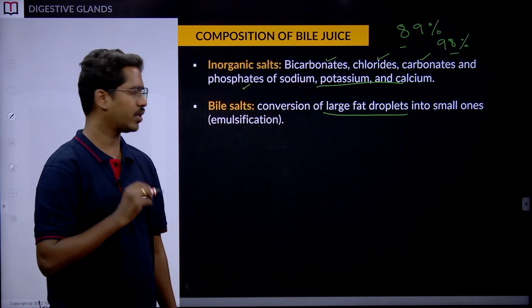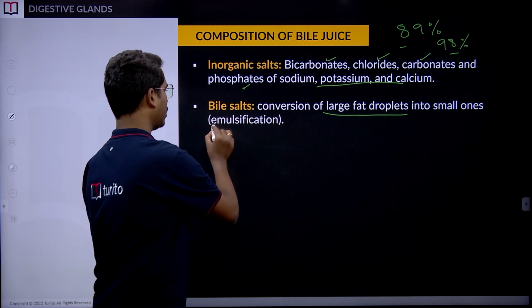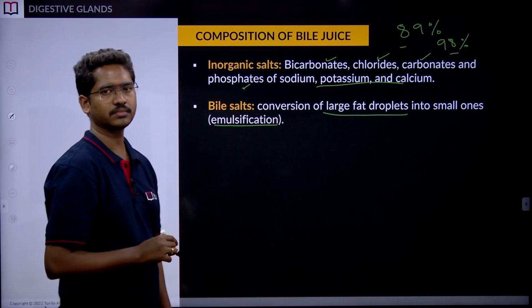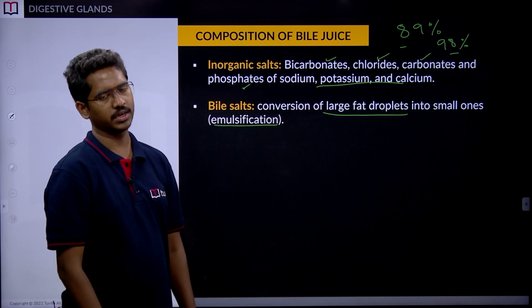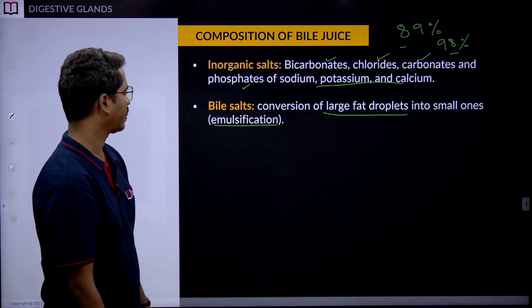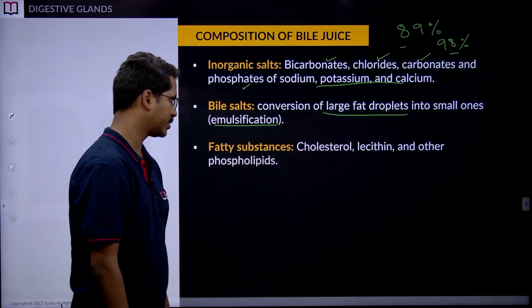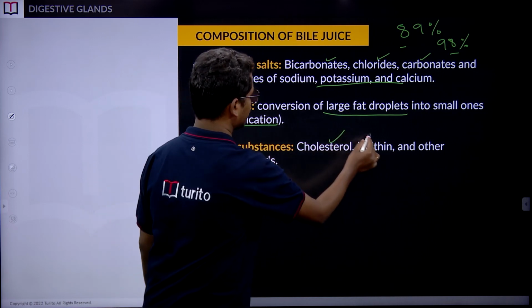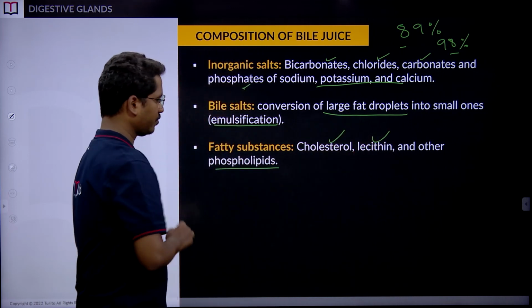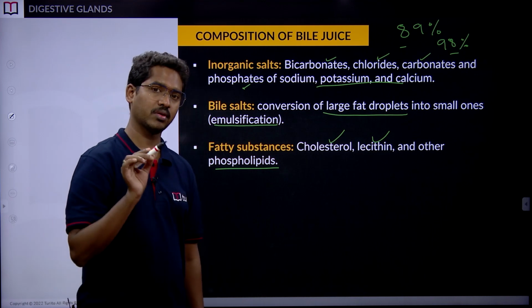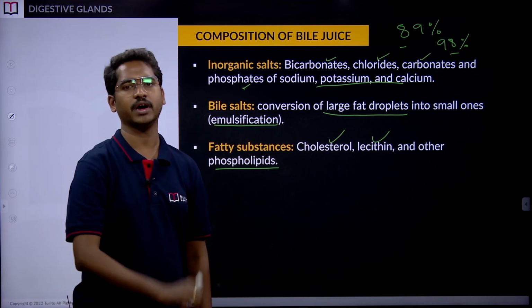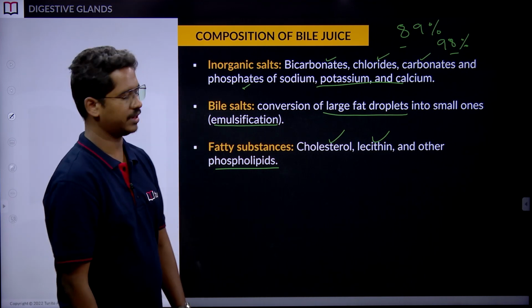That is the reason why we take these bile salts and emulsification is done. Understood? This is followed by fatty substances which contain cholesterol, lecithin and other phospholipids.